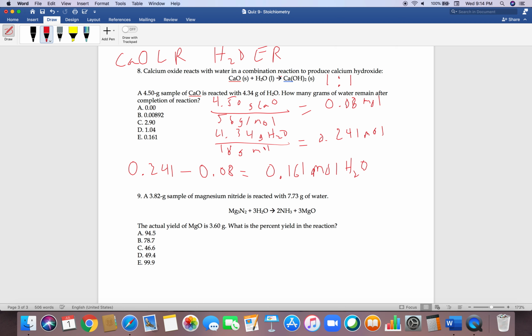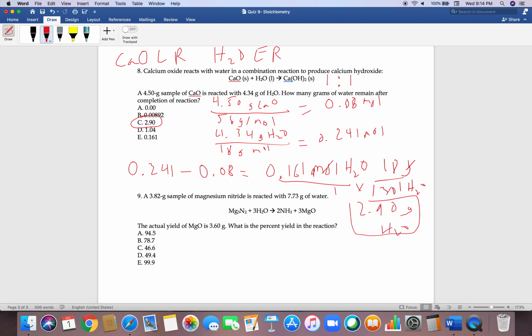And it wants the grams of water, so I would just say 1 mole of water is 18 grams. So I would cancel out the moles, we're left with grams, and we would get 2.9 grams of water. So the answer here would be C.